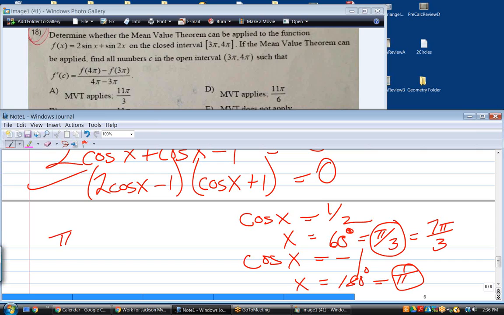Pi over 3 plus 2 pi, well, I can write 2 pi as 6 pi over 3. Pi over 3 plus 6 pi over 3 is 7 pi over 3. And pi is 3 pi if I add 2 pi to that. So both of these should be the answer.